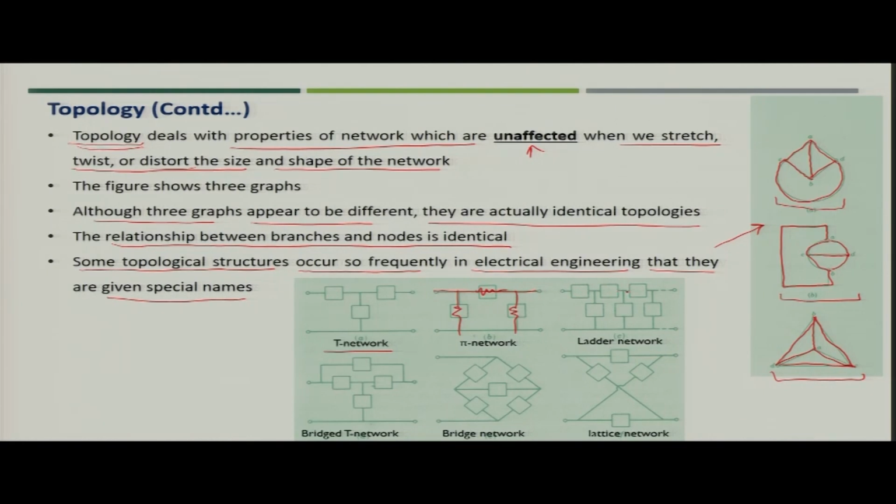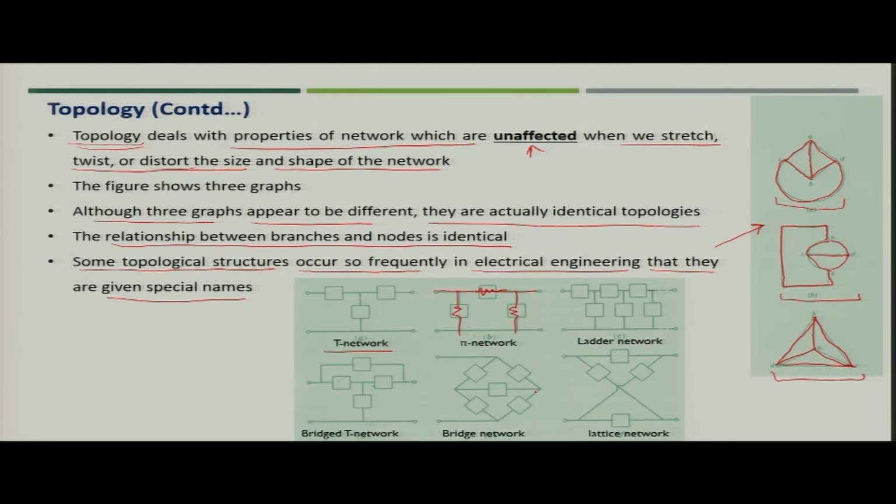If the circuit topology is like this, it is called a ladder network. When the topology is like this, where two resistances are connected in parallel with one resistor, and in between you have another resistor, or maybe you can say all of them are impedances, then it is called a bridge T network.